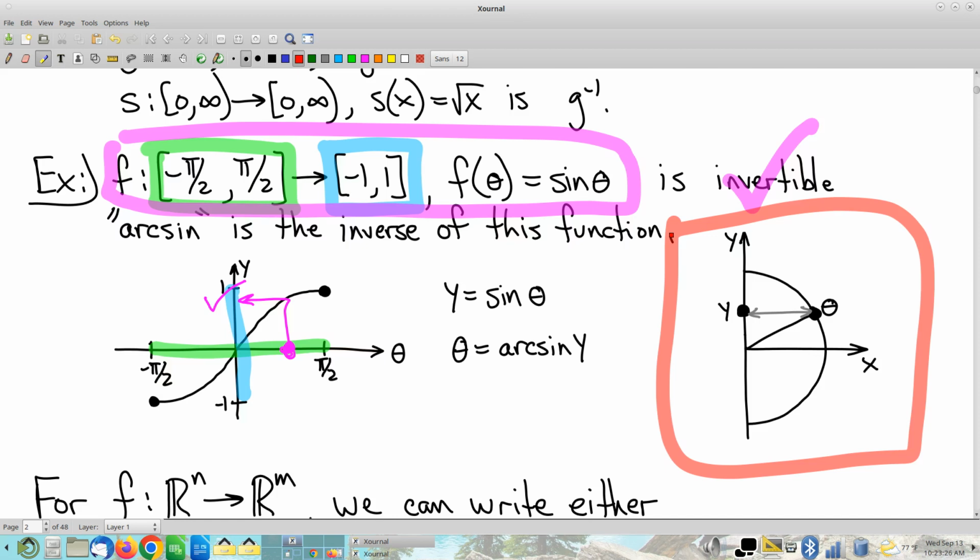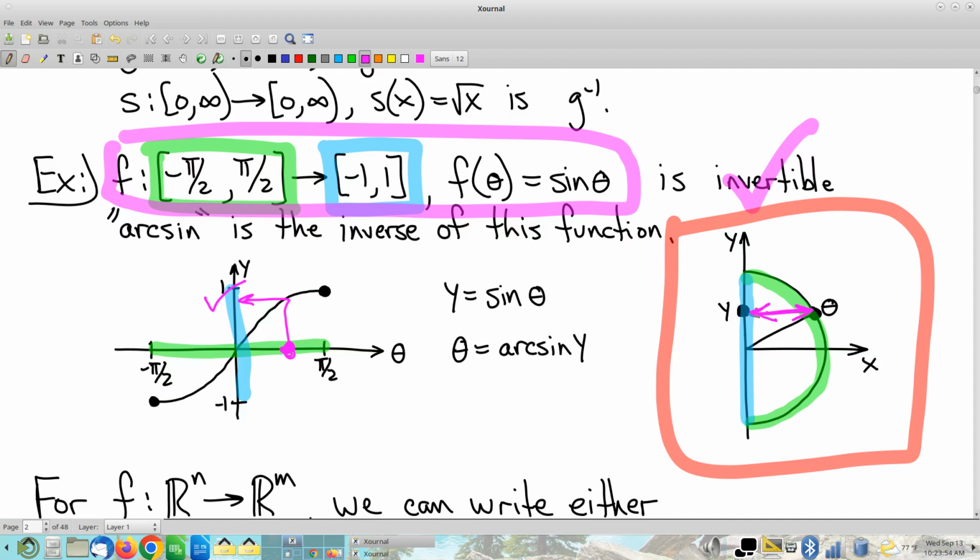Rather than thinking of it in the graph context, nice though that is, there is something to be said for thinking of it in the unit circle context, where the angles from minus pi over 2 to pi over 2 are those angles, and then the values of sine from negative 1 to 1 are these values, and so then the relationship between them is like this.